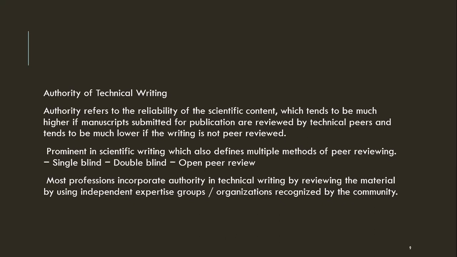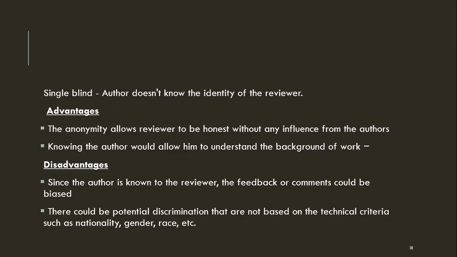Right? In the next few slides, we will look into the meaning of the three methods of peer reviewing, which are single blind, double blind, and open review, and also the advantages and disadvantages of the three methods separately.